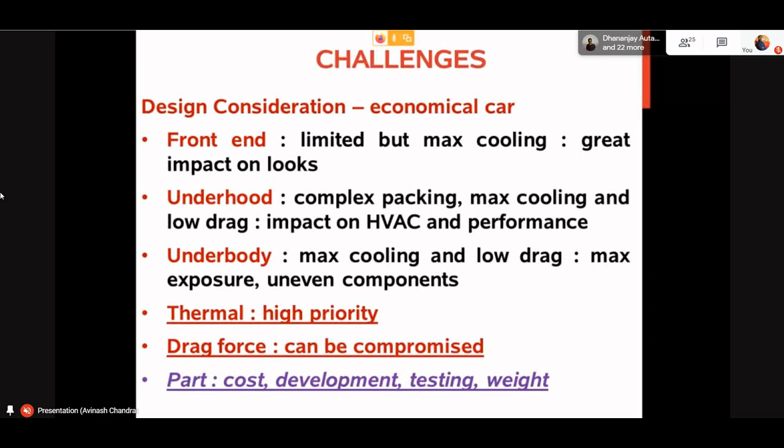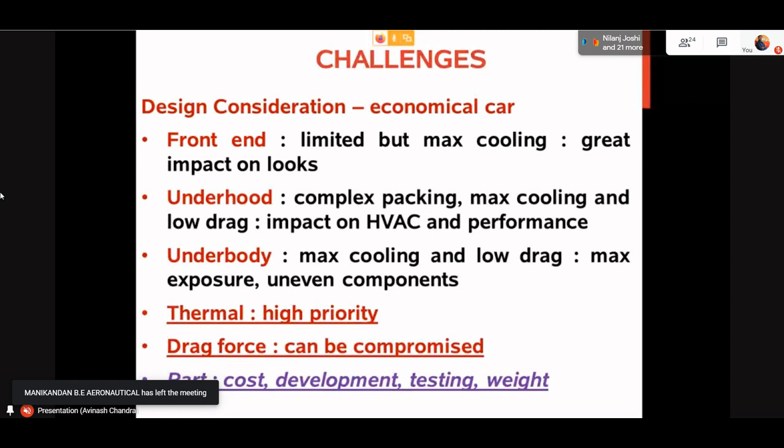So if we talk about what is more important, thermal is very important, because you're not going to go on the highways every day. You will be just driving in the city, at 30, 40, maximum 70 or 80. If you simply talk about the Indian market, we have very few free highways, and we mostly use the car for the daily commute.